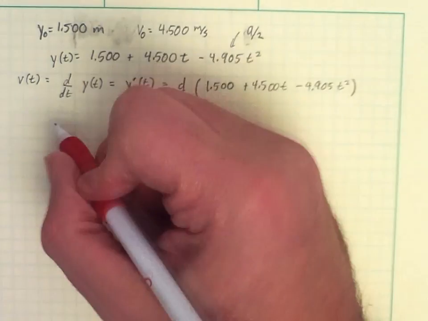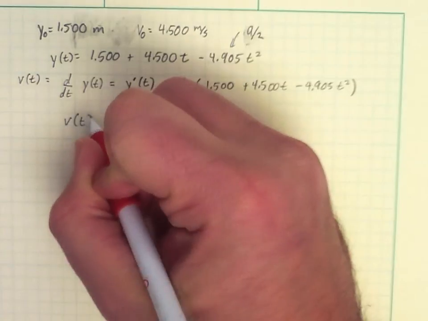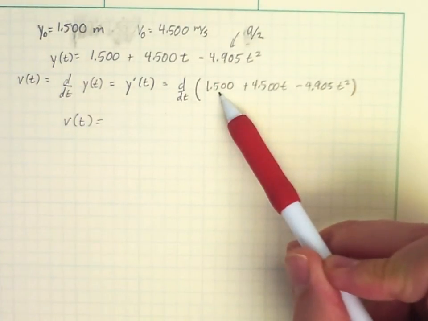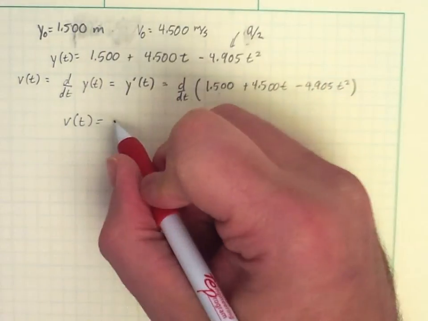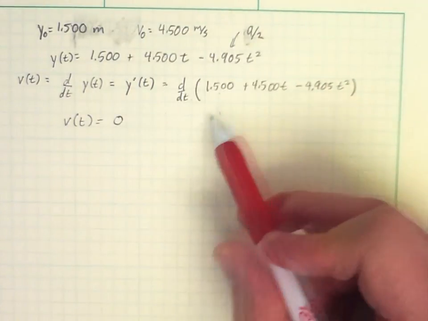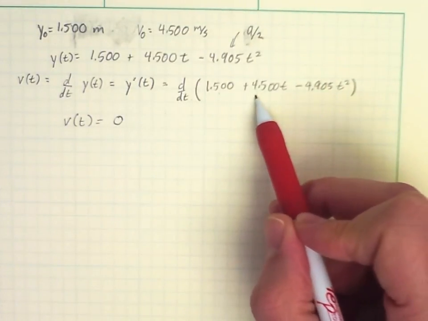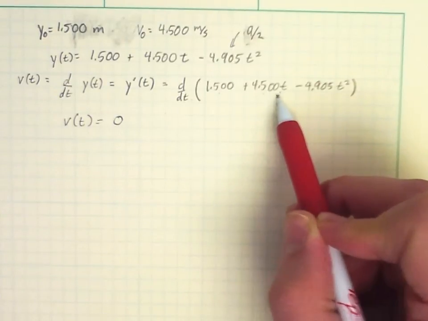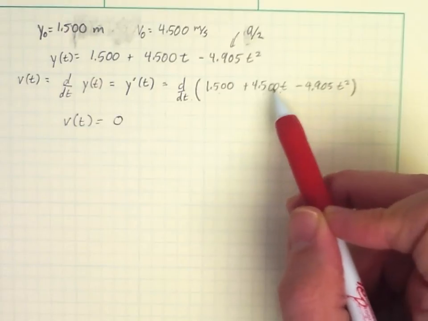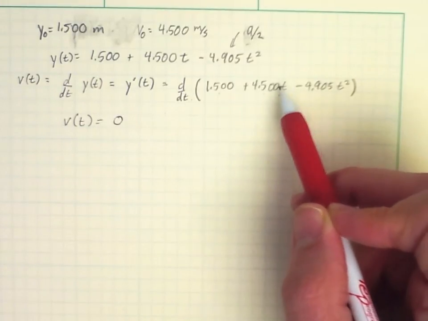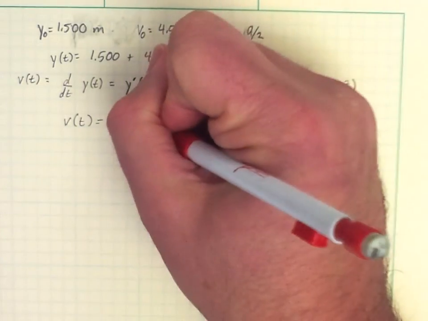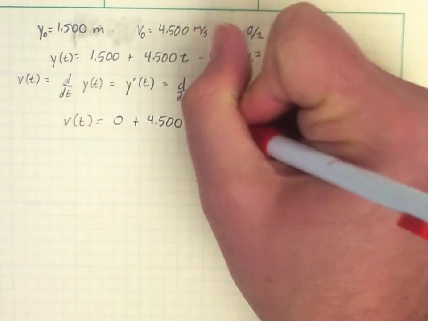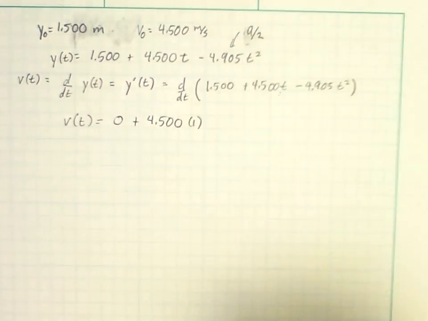So we know that all this together, v of t, is going to equal, if I just take the derivative of each part, the derivative of a constant is 0. The derivative of a constant times t to the first, well, t to the first, we know it's just going to go away and leave a 1 there. So I get 4.5 times a 1.